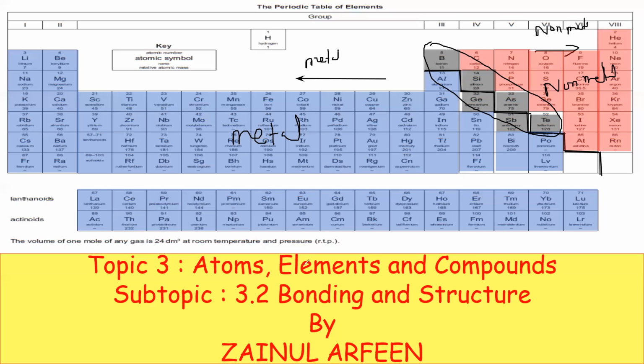Any question or doubt about how you can work out the elements as a metal or a non-metal using a periodic table?